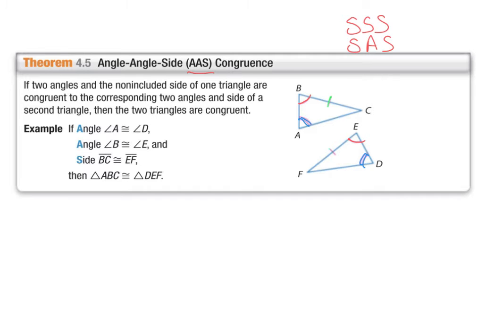Now the important factor to note is where that side is located. Notice that it's off to the side and it's nowhere in between the two angles. So it is a non-included side, meaning it's not in between the two angles, hence why it is AAS. The S is off to the side, it's not in between.